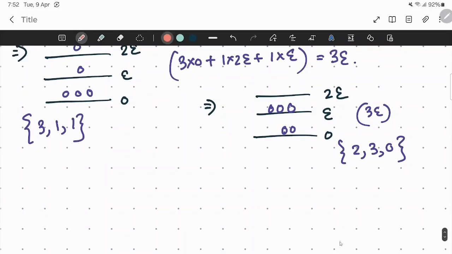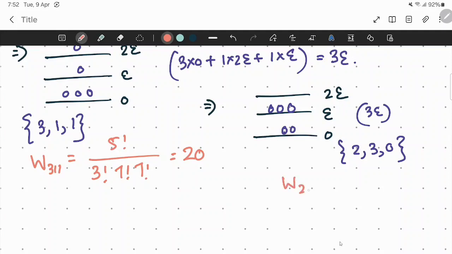Okay, now you know how you can calculate the microstates under this 3, 1, 1 orientation. It will be 5 factorial by 3 factorial, 1 factorial, 1 factorial. So it eventually will be 20. And in this case, it is 2, 3, 0. So it is 5 factorial by 2 factorial into 3 factorial into 0 factorial. So it is 10. Yes, correct.